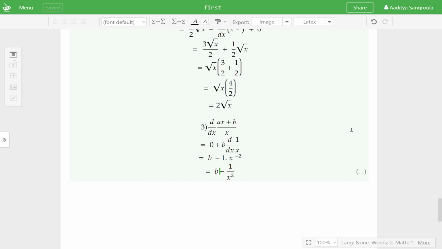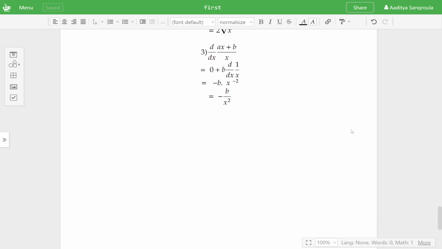Oh, sorry, it's not b minus 1 over x squared. It's simply minus b over x squared, because these are in product, right? So this is the output of the thing, and this is how we can solve the question. So the output is minus b over x squared.